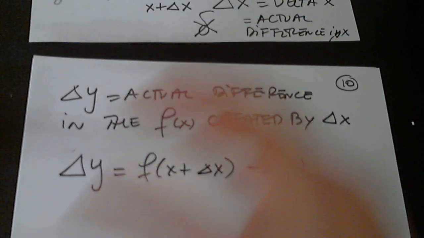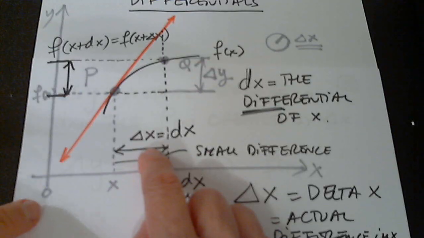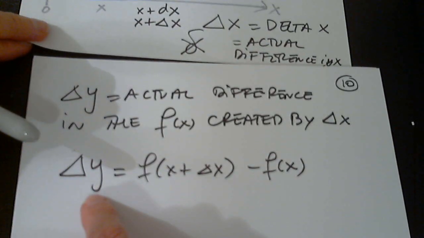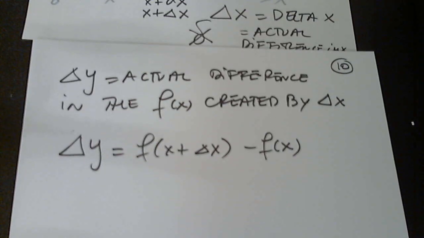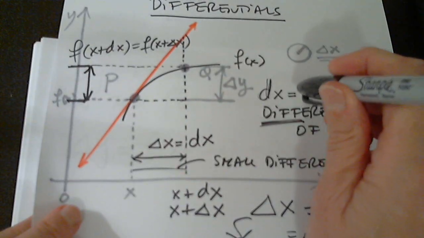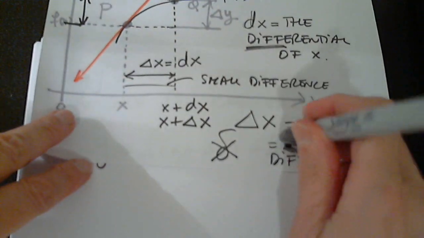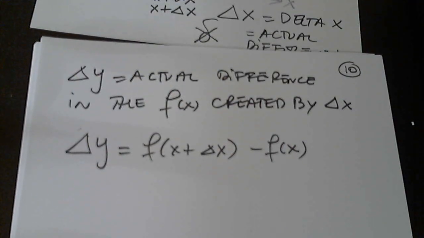Okay, so we established what dx is, we established what delta x is, we established what delta y is. What do you think is left? Is anyone with me? Anyone paying attention? So we have dx, we have delta x. We found delta y. What do you think follows next?